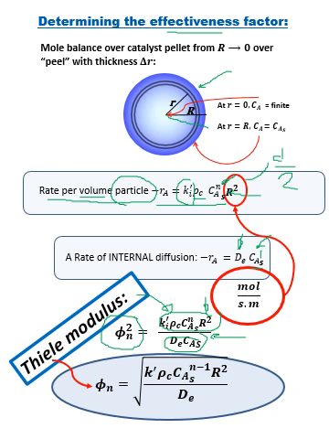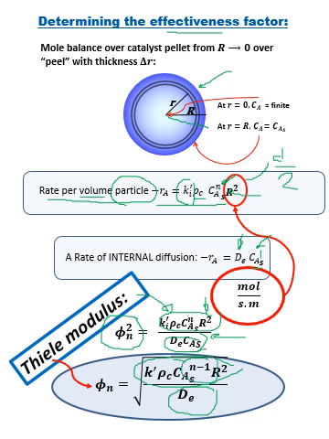So the Thiele modulus is the square root of this rate based on the intrinsic reaction if all the sites were exposed to the surface concentration, divided by the rate of diffusion if the diffusion only took place in that reaction and the surface concentration could be maintained throughout my reactor. So the n-1 there is because I divided by that concentration.